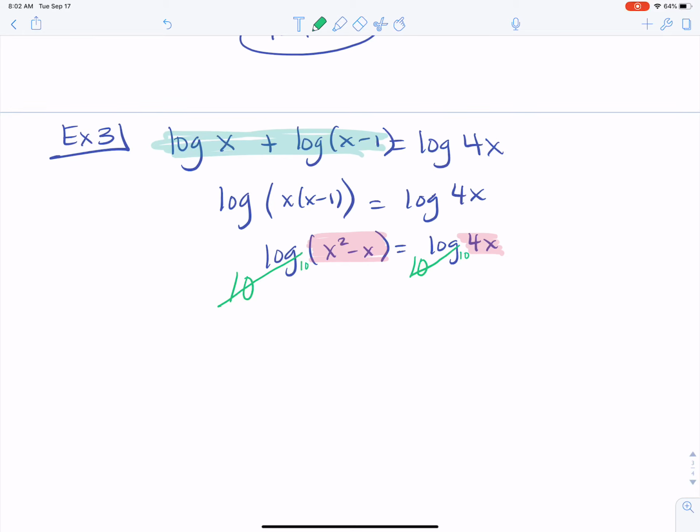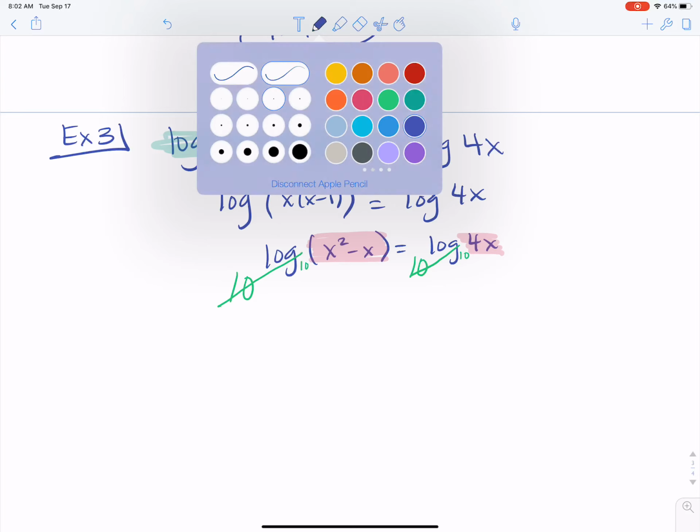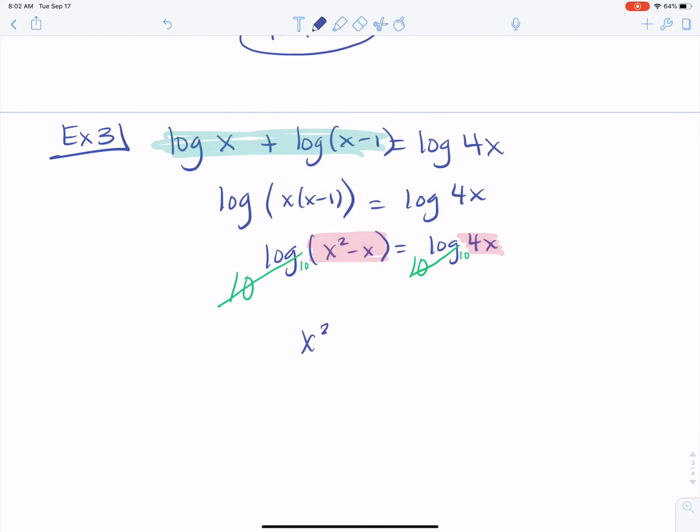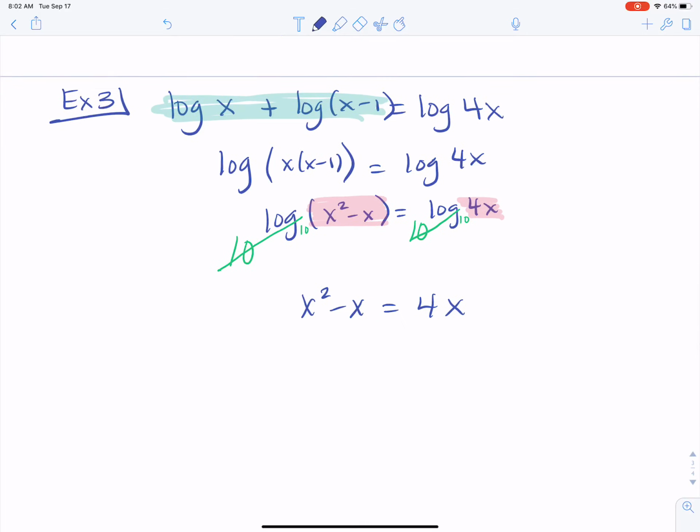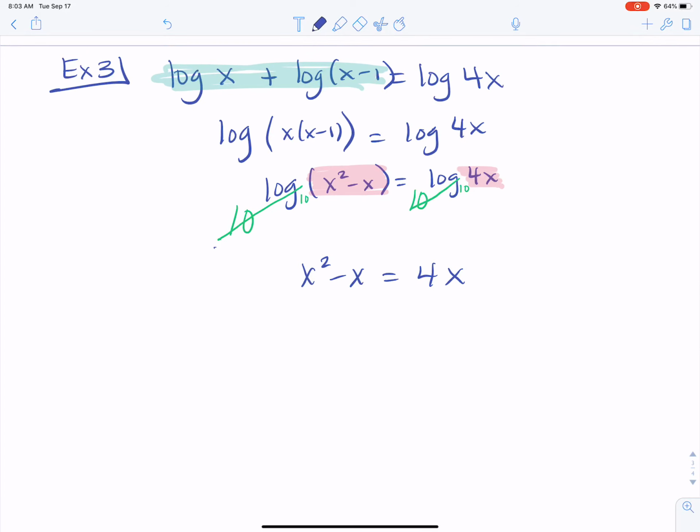So your focus here is really on just making the arguments equal each other. So x squared minus x has to equal 4x. You can either just think to yourself, I just need to make the arguments equal, or you can use this big 10 and just focus on, again, the arguments have to be equal.